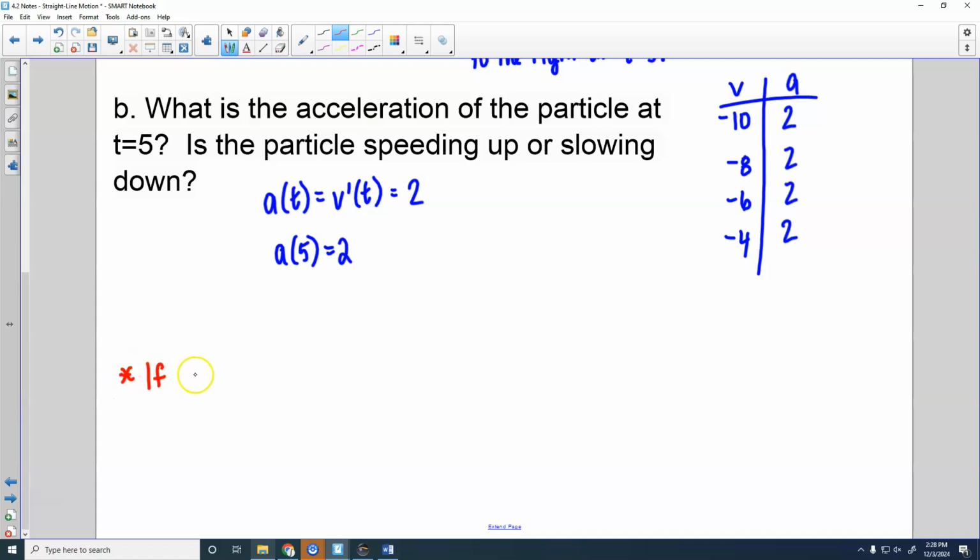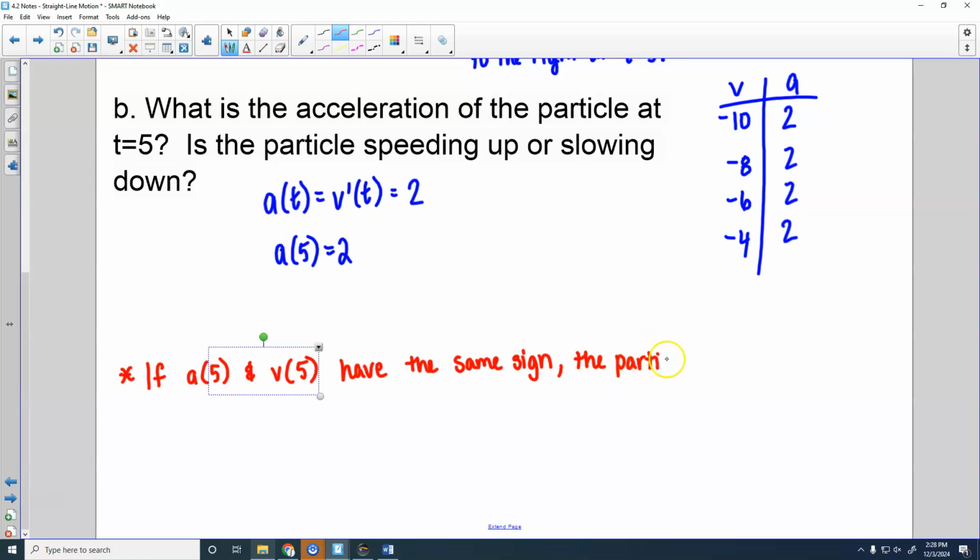If A of 5 and V of 5 have the same sign, the particle speeds up at t equals 5.